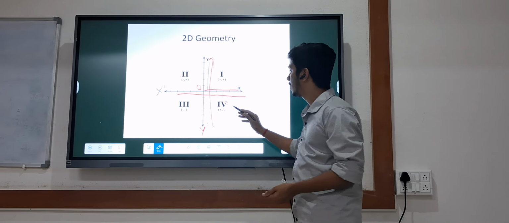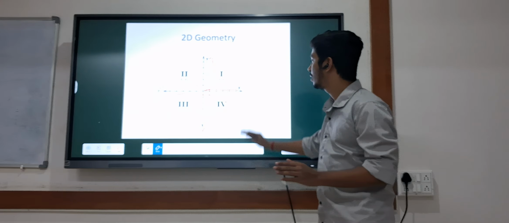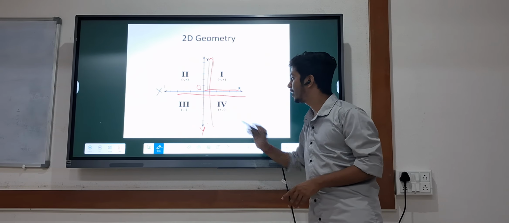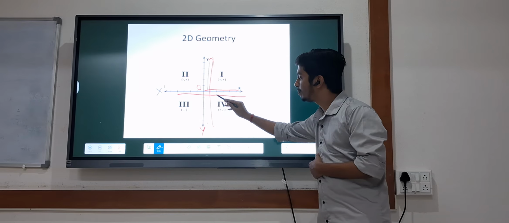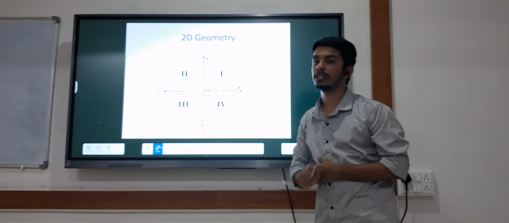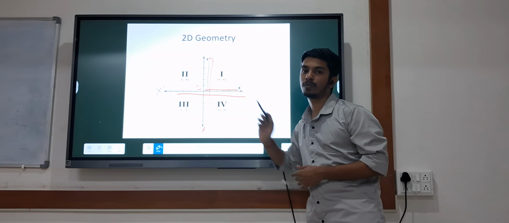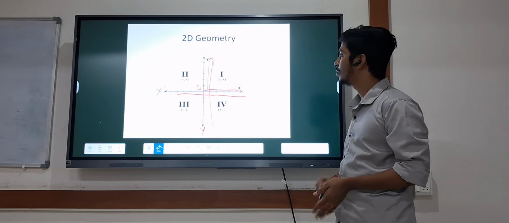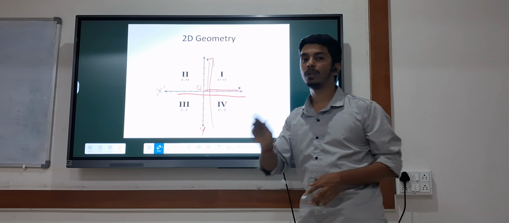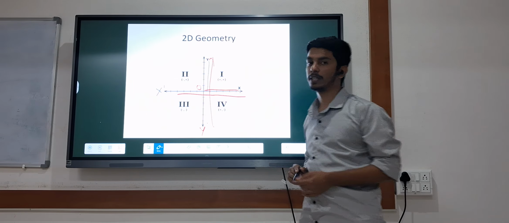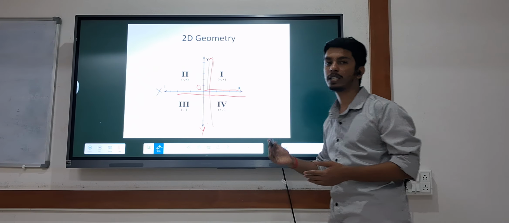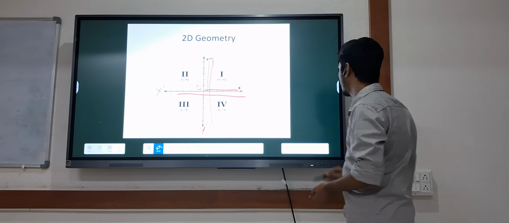And last but not least, the fourth quadrant: the positive x-axis and the negative y-axis. So here we have only one plane, the xy plane, which we call two-dimensional geometry.